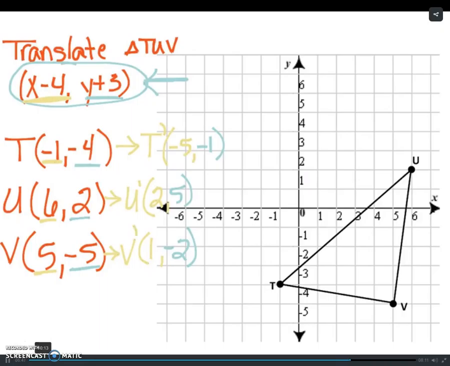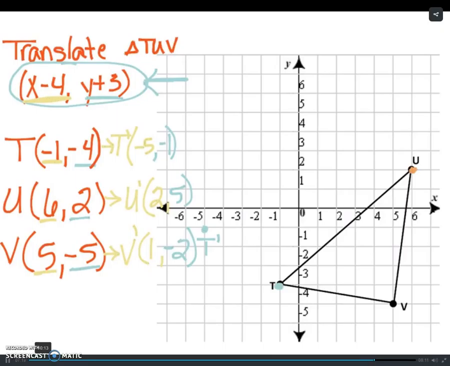Now we want to go ahead and graph those and make sure that our new triangle looks like our old triangle. So let's go ahead and start with T. So you can count back to -5, and then down 1. So that is coordinate T prime. And that moves from here. Then we'll do U. We started here, and we're going over 2 and up 5.